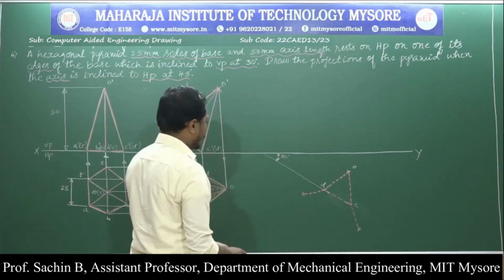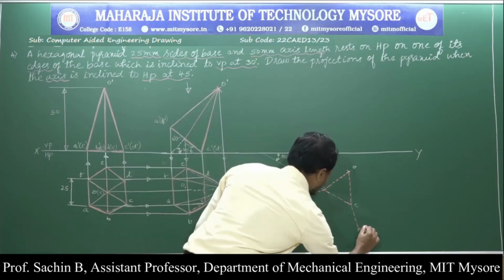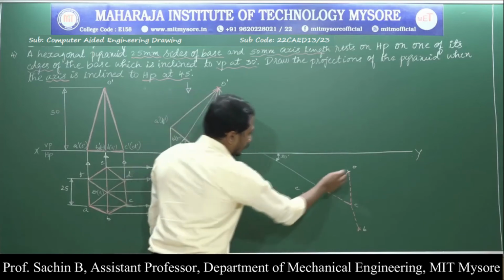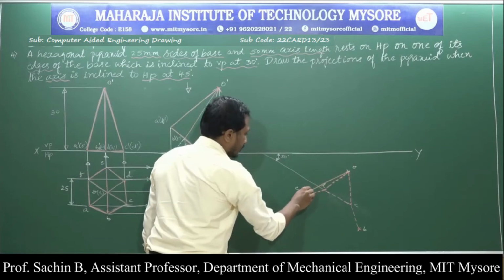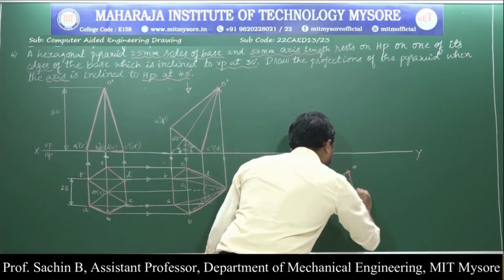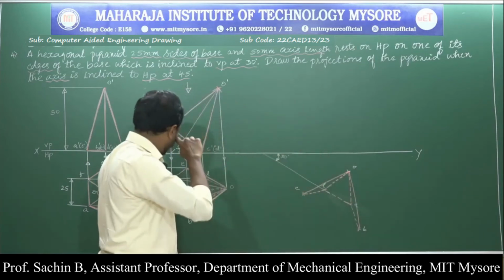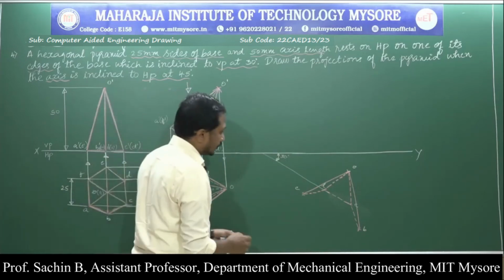Next, this is my E point, this is the B point. Next I will go for joining it from here till the E point, again from here to here. Next, to get F and A, it is now very easy for us.